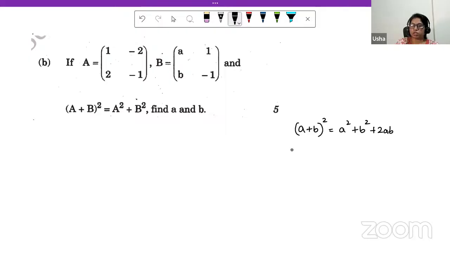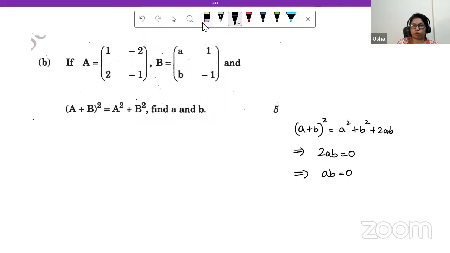It means this 2AB is not there, so 2AB is equal to 0. If 2AB is 0, it means AB is 0. So given two matrices, you multiply A into B and it is equal to 0. Based on that, you will be able to find the values of A and B.